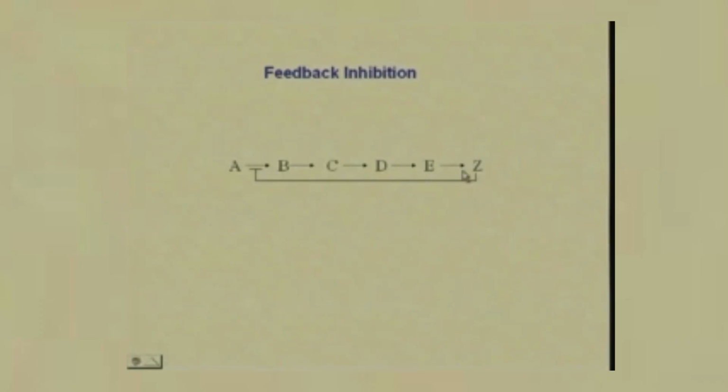Now this is extremely important in regulation. Why? You don't want a large amount of Z to be formed in the body. Z is being formed by A. So if we have the A here, forming B, then forming C, D and so on, then our Z inhibiting this first step means that unnecessarily B, C, D, E are not going to be formed.